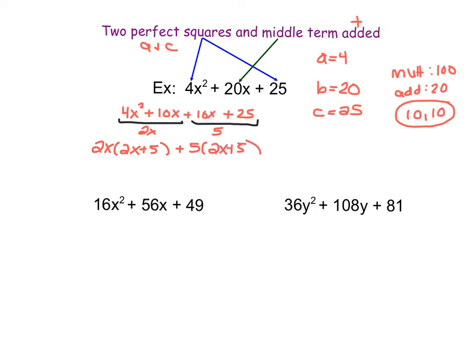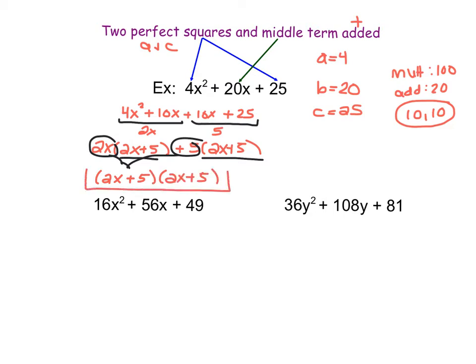I notice that my parentheses parts match, which means I can group these front values together. I end up with 2x plus 5 times 2x plus 5.